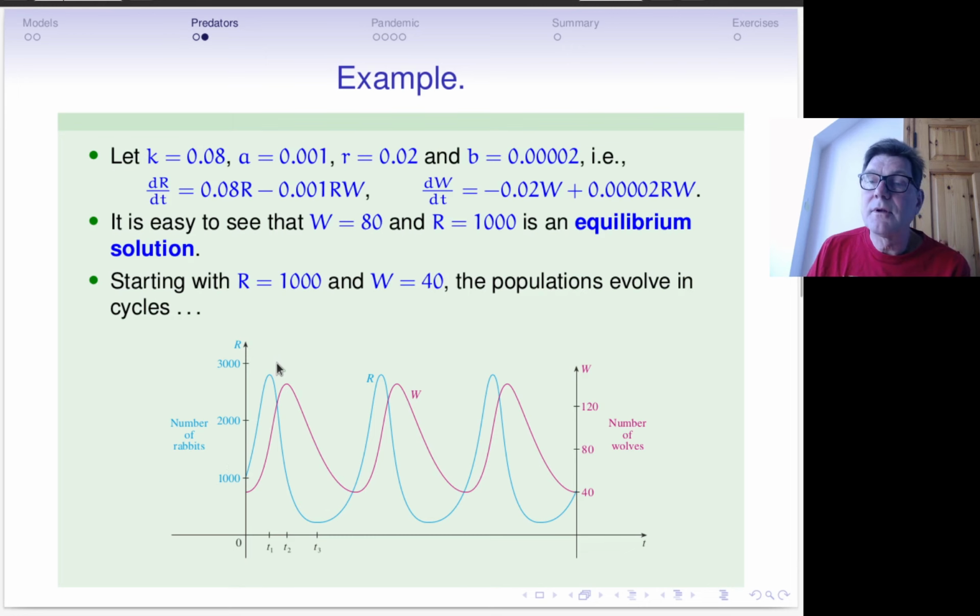The more rabbits there are, the more rabbits get eaten, and the more rabbits get eaten, the faster the wolf population grows, and that brings the rabbit population down. And these are cycles that repeat themselves over and over again as one possible solution of these two differential equations.